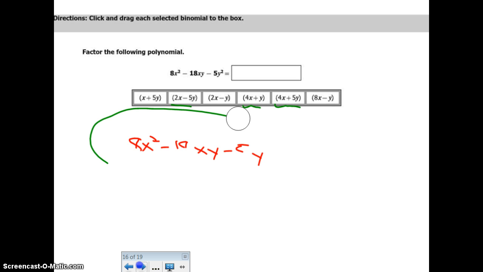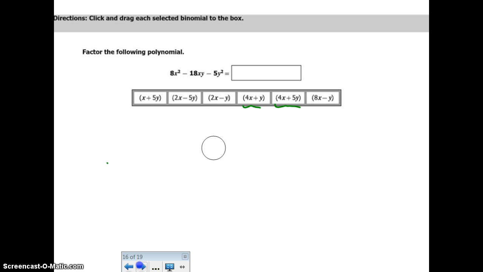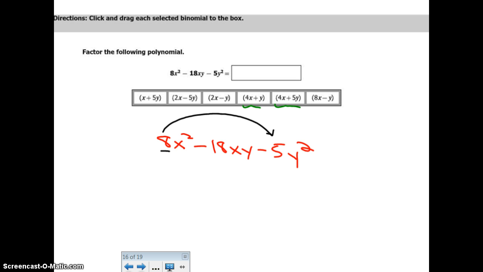But in the end, let's go ahead and factor this one the way we learned it in class. Okay, so 8x squared minus 18xy minus 5y squared. I'm going to have to use slide and divide here. So I'm going to take the 8 and multiply it to the negative 5.